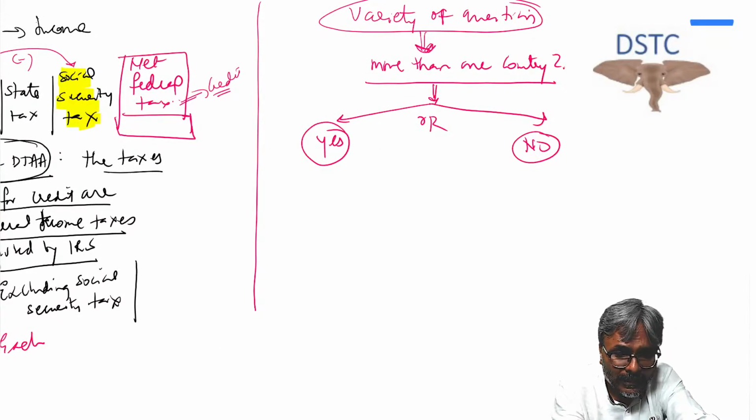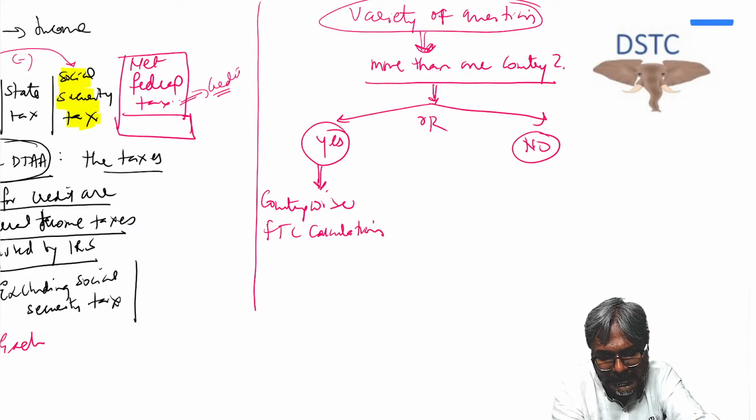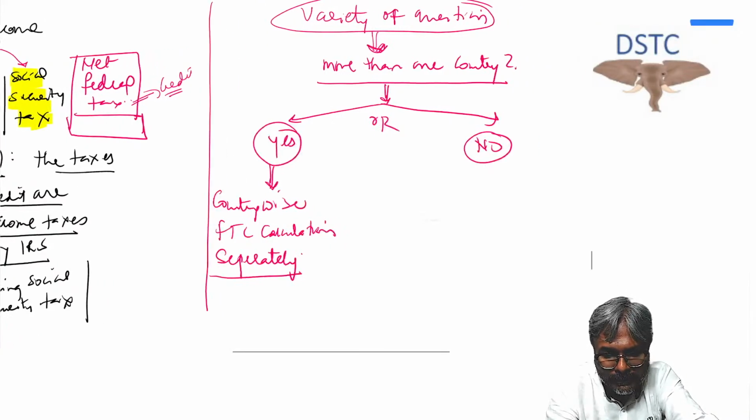If it is yes, then you will calculate country wise. Country wise FTC calculation separately you will have to do, students.